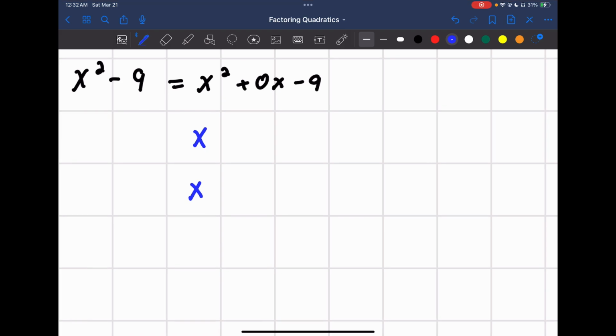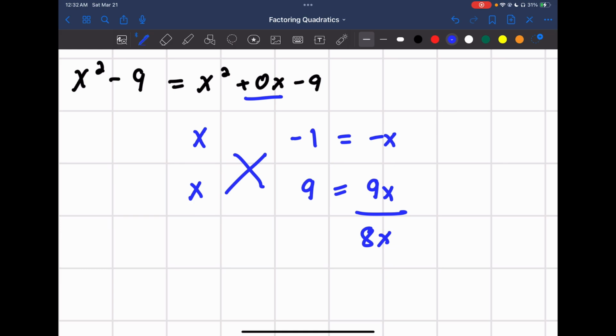So what is equal to minus 9? We could try negative 1 and 9, and when you cross multiply both terms, it is equal to minus x and 9x, and this sums to 8x, which is not equal to 0x.